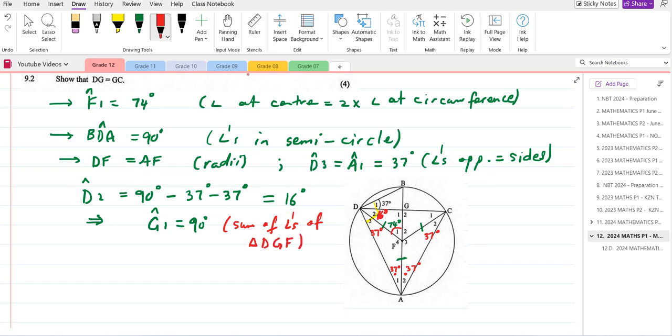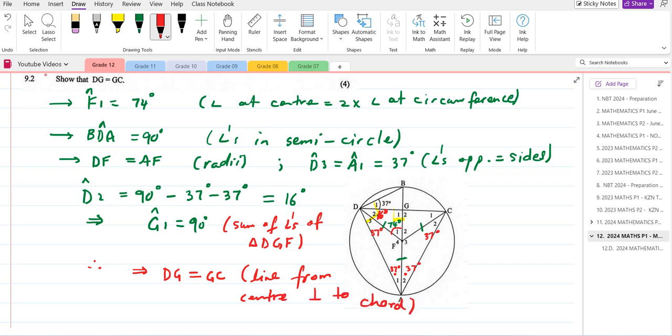Right. Therefore, because this is 90, we got DG equals GC. This implies DG equals GC, right? DG equals GC. Line from center perpendicular to chord.